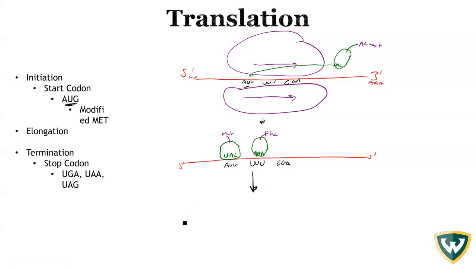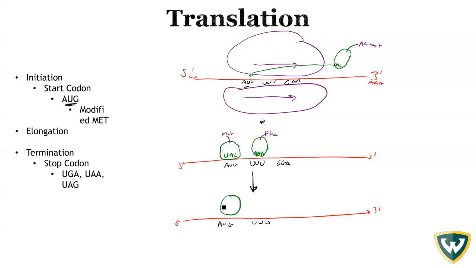So let's do it one more time down here. You have a 5' 3'. So far we've had our ribosome add on for the two codons AUG, UUU. And what happens is that this tRNA leaves.